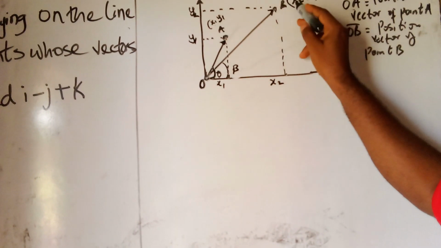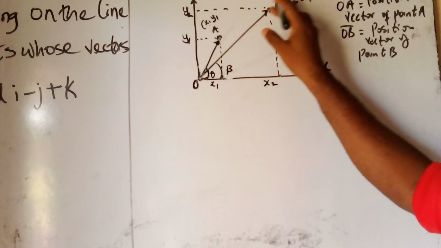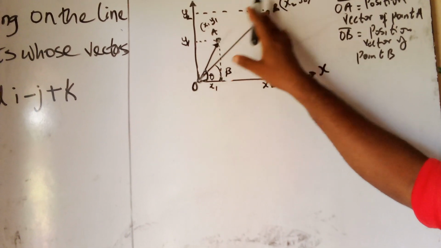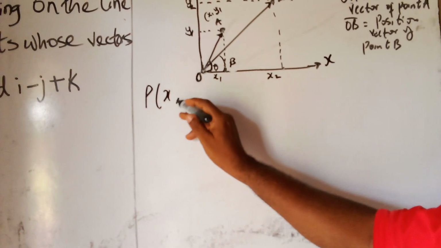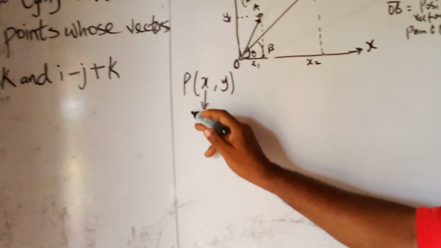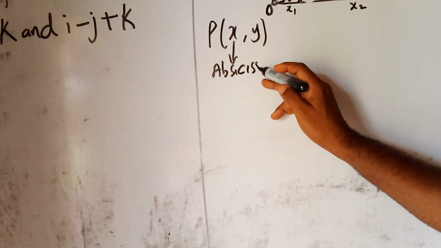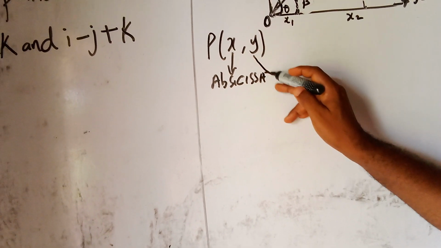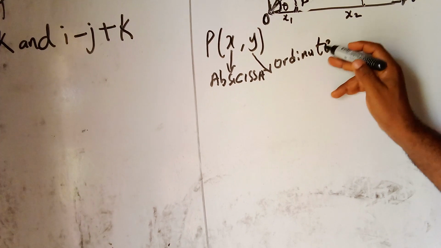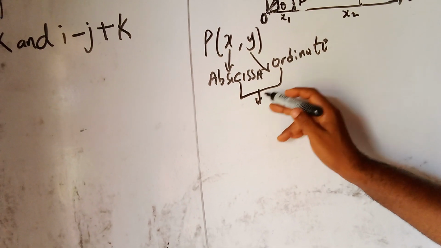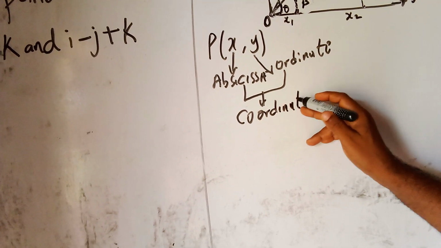The x are called abscissa, while the y are called ordinates. Normally, a general point is written with x before y. So the combination of abscissa and ordinates are called coordinates. Please take note of that.